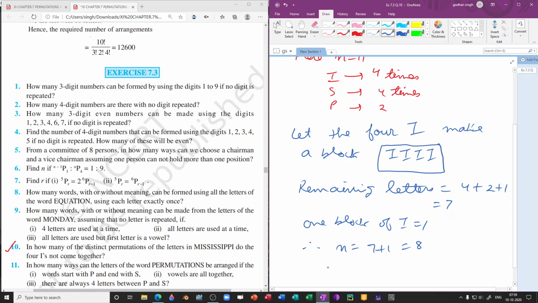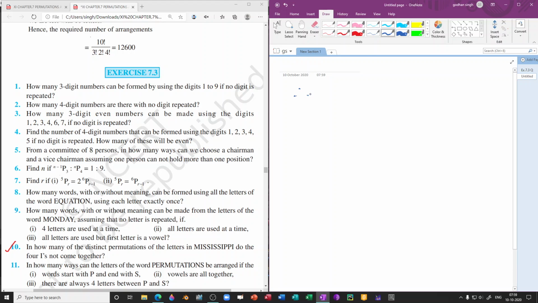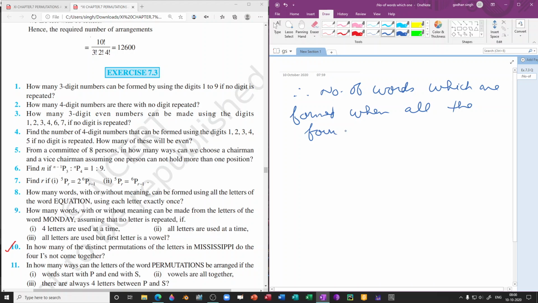Therefore, the number of words which are formed when all the four I's are together is equal to the following.